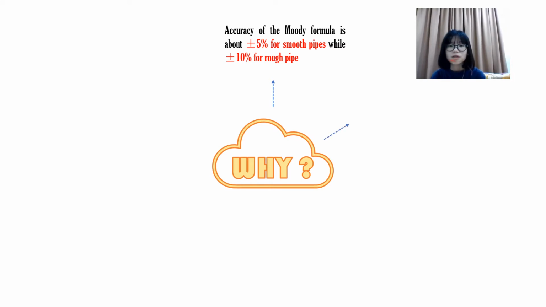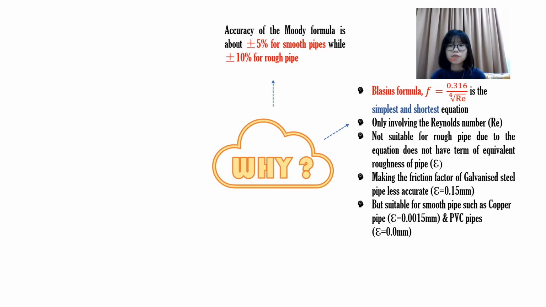Next, for the galvanized pipe, the values obtained from the Blasius formula have a large difference compared to the Moody chart and Colebrook formula because it is the simplest and shortest equation, which only involves the Reynolds number. Hence, we can say that when the Reynolds number is smaller, the friction factor obtained by using this formula will become larger.